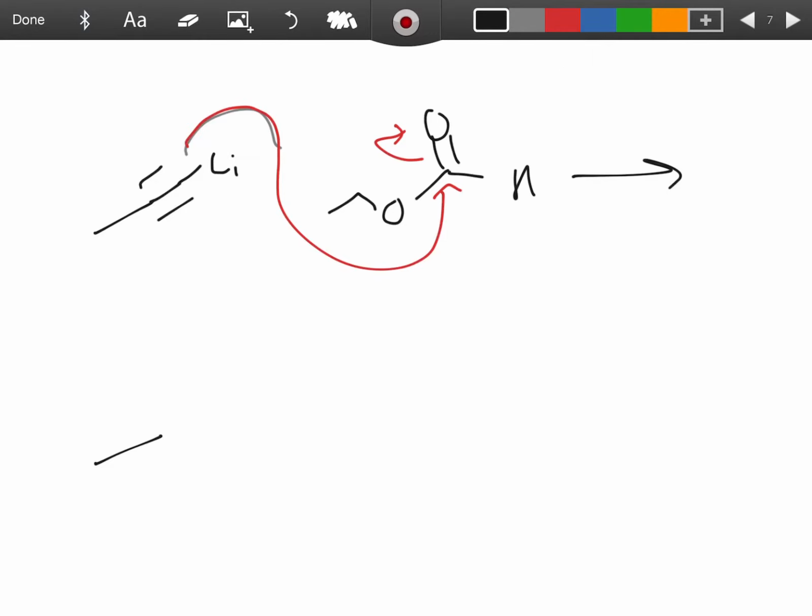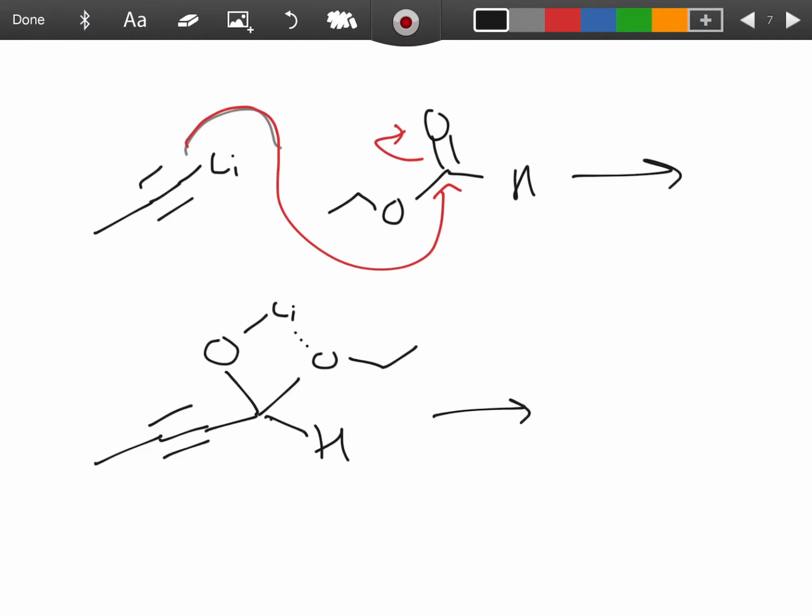This is done at low temperature, because if you remember, at low temperature, you're able to have your tetrahedral intermediate get stuck and not fall apart. And then when they work this up and warm it, when they add a little bit of H plus, it falls apart and makes an aldehyde.